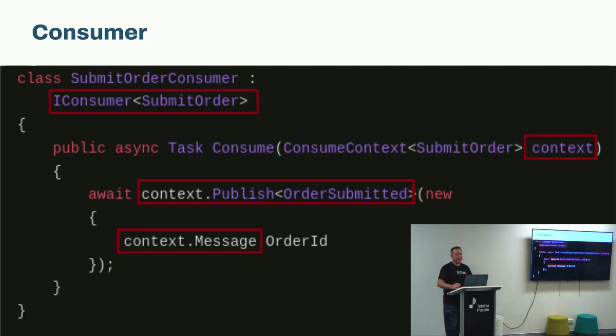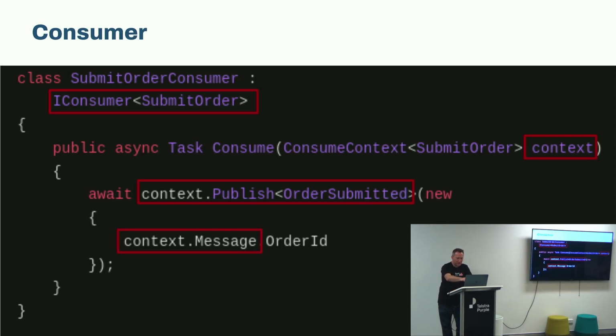So we've looked at sending messages. Now I'm going to introduce the various objects you can use to consume a message. The simplest of those is a consumer. If you create a class and implement IConsumer of your message type, you then implement the Consume method as a task.